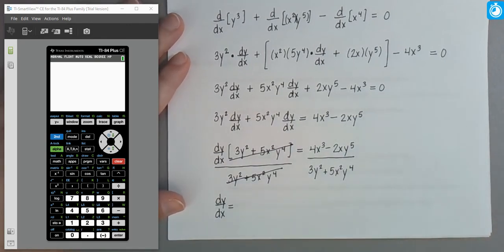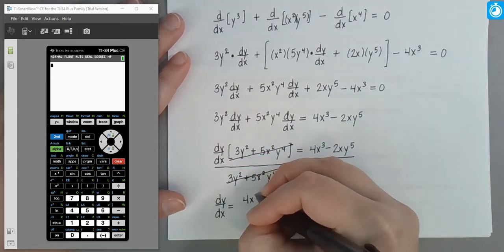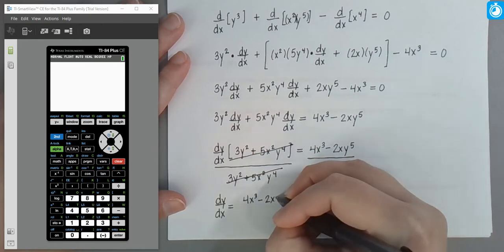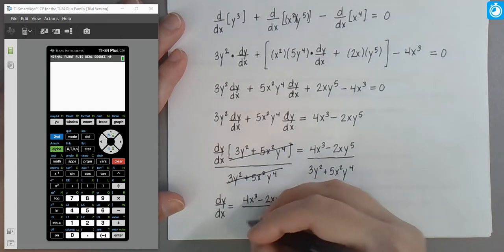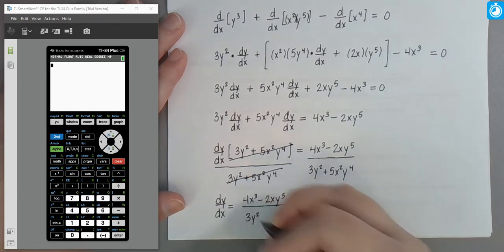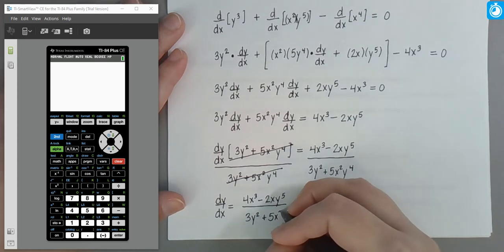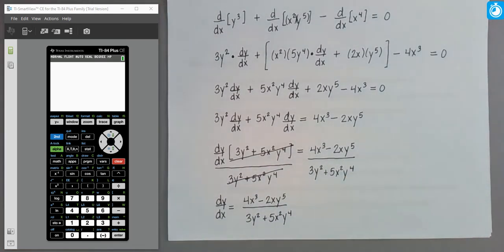So we just leave this expression in terms of both of those variables. So 4x cubed minus 2 times x times y to the fifth power divided by 3y squared plus 5 times x squared times y to the fourth power.